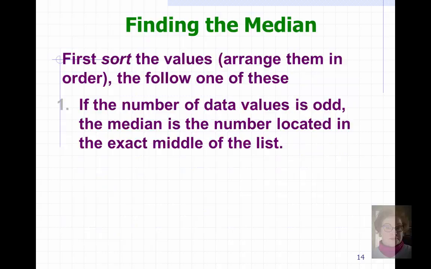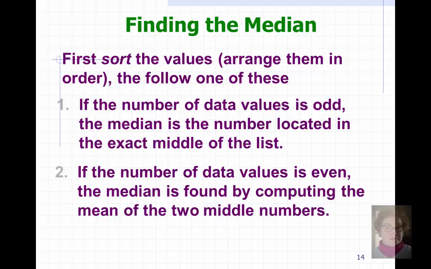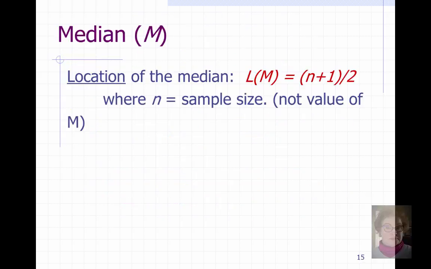So the first thing we do is sort the values. Then again, if the number of values is odd, the median will be in the middle. If it's even, the median will be the mean of the two middle numbers. So you find the two middle numbers, add them up, divide by 2.